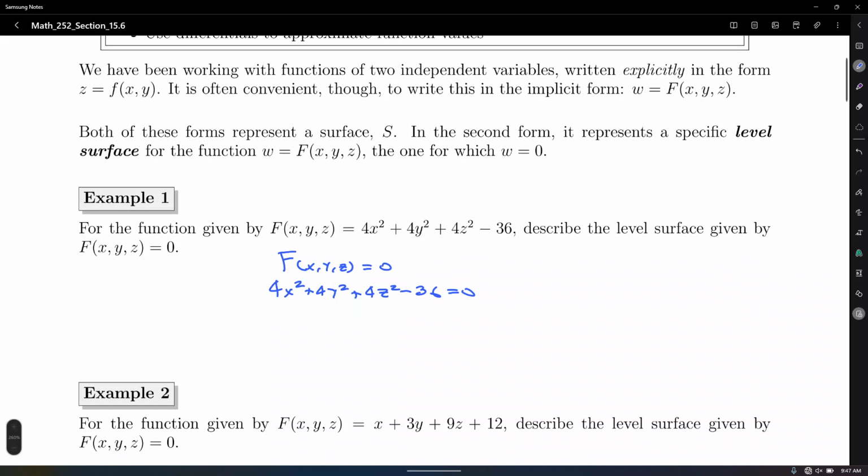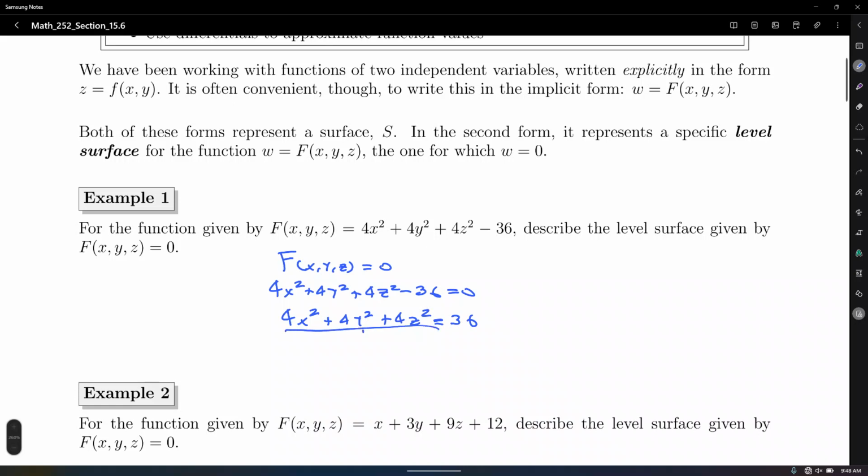The equation already looks familiar, right? So let's get it in a form that we can easily describe. Let me get the variable terms on the left-hand side: 4x squared plus 4y squared plus 4z squared equals 36. All the variables are positive and raised to the second power, and the coefficients are all the same. That makes me think of a sphere.